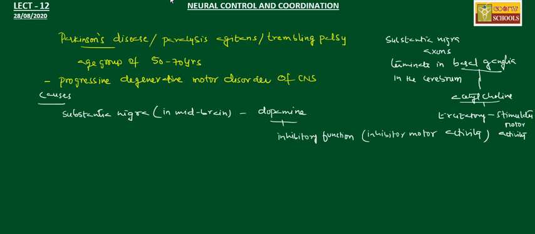Now in Parkinson's disease, what happens is the neurons which are present in the substantia nigra degenerate.